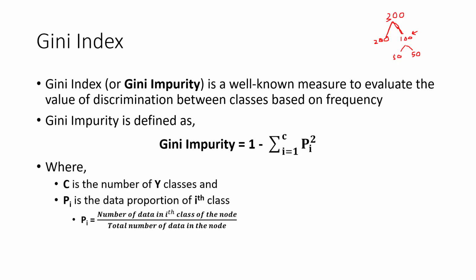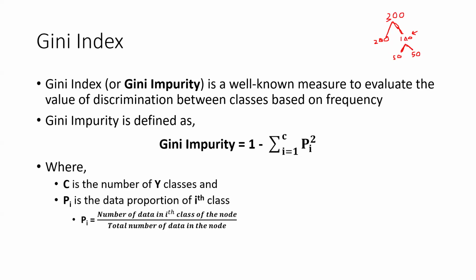Say this one is only 50% accurate, and this particular value is also 50% accurate. So there's no accuracy added at all, right? So this node has added 0% purity in this particular scenario, right?